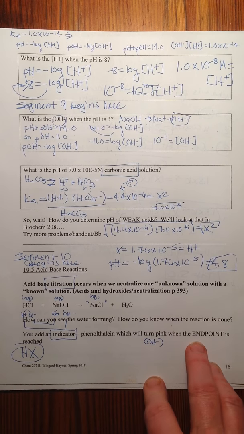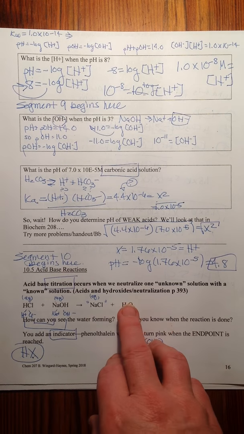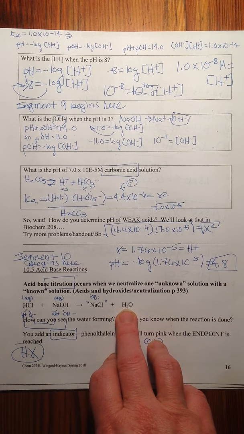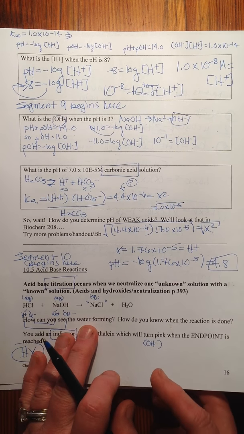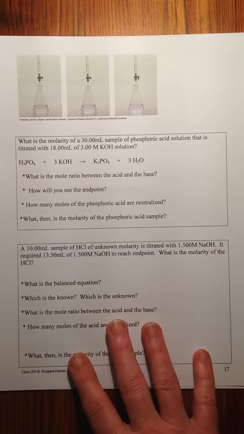So we call that the end point. And the end point is different than the equivalence point, because the equivalence point is when you create neutral water. Nonetheless, we looked at the math involved in this in the last unit, and so we're going to review how we do this.